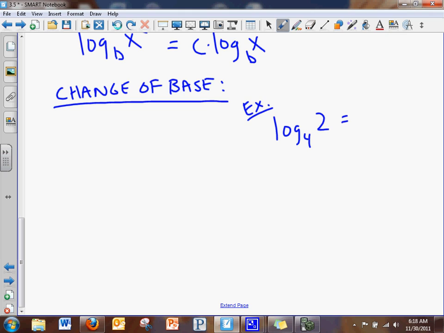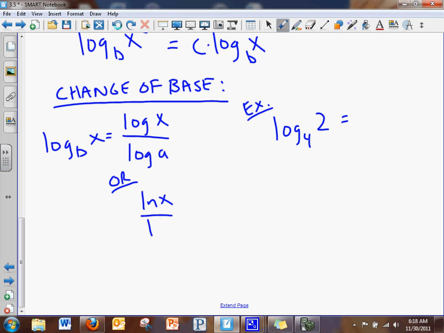I can use this formula for change of base: log base b of x is log of x divided by log of b. And I can use any base I want. This might also be natural log of x over natural log of b. I said a, but the base is b. My bad.